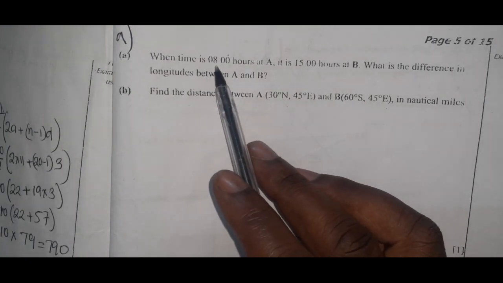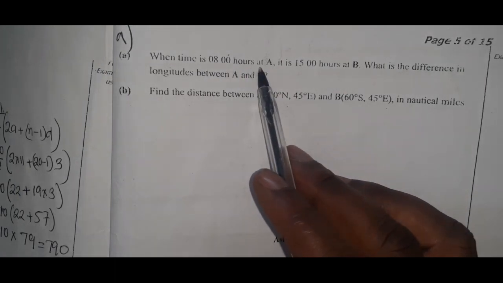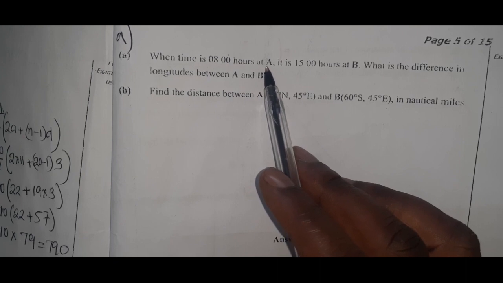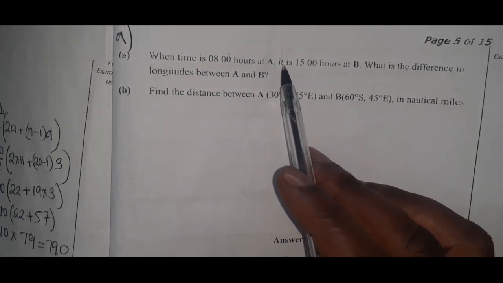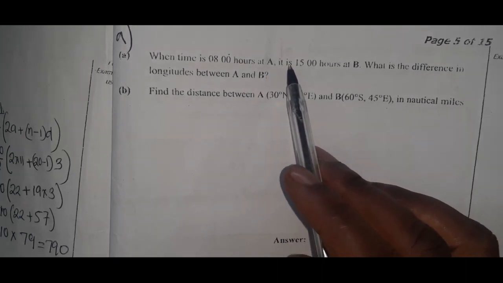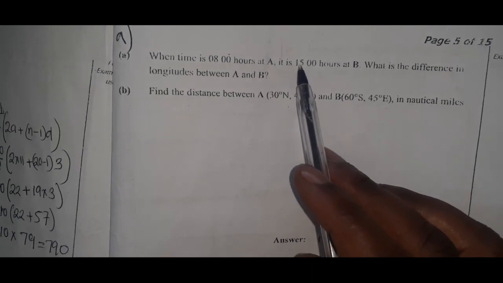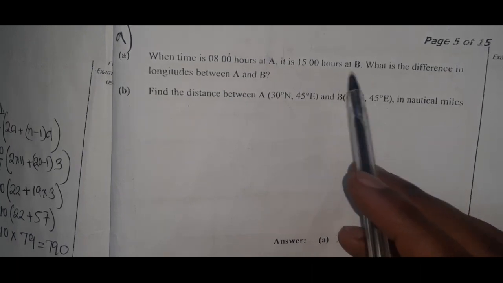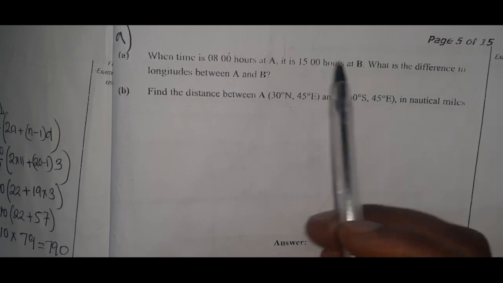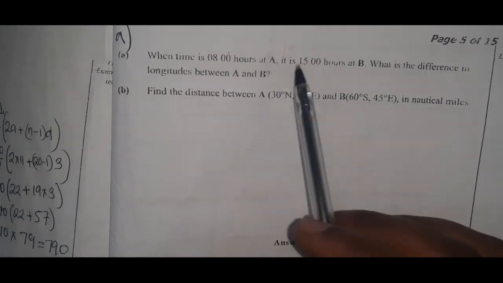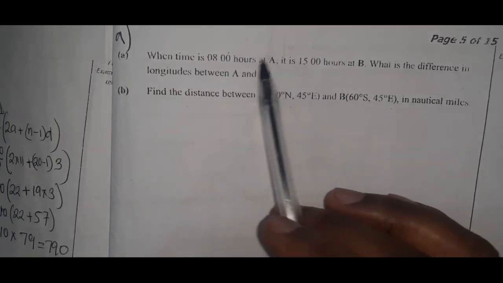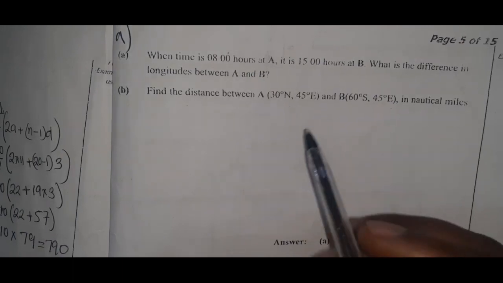When time is 08 at A, it is 15 hours at B. So we need just to find the difference in hours here. We find the difference in hours.